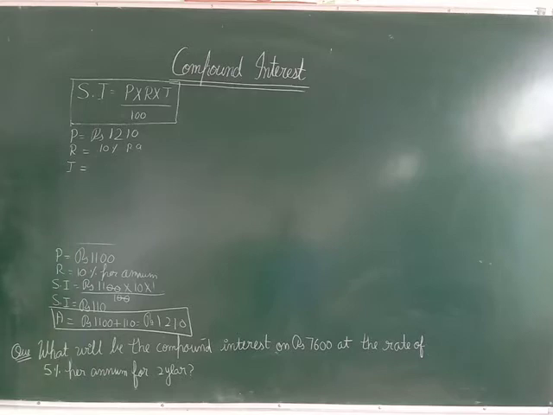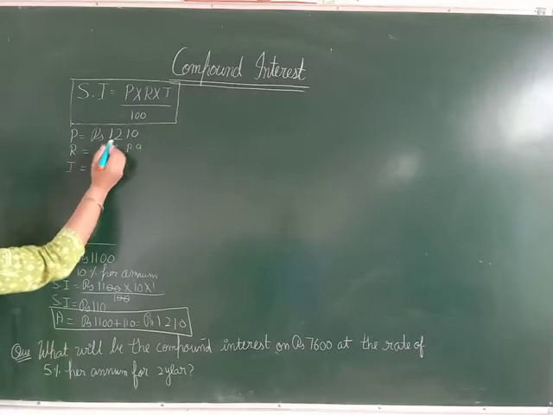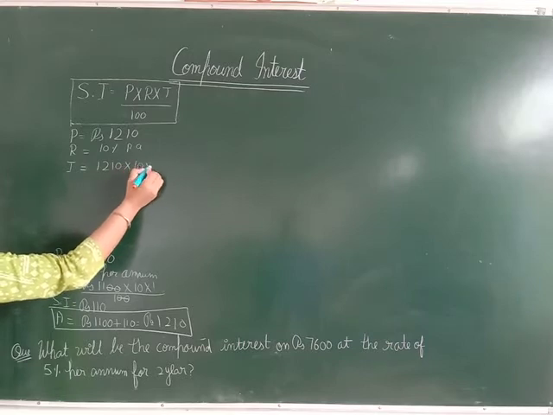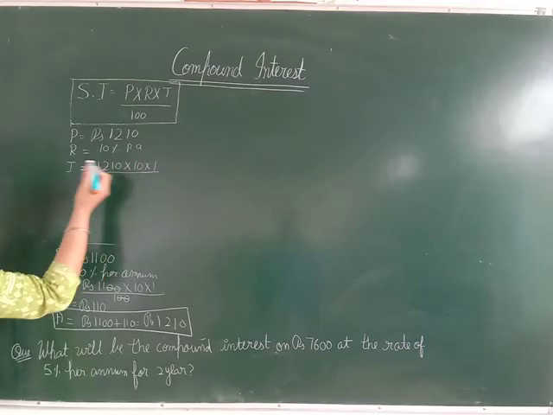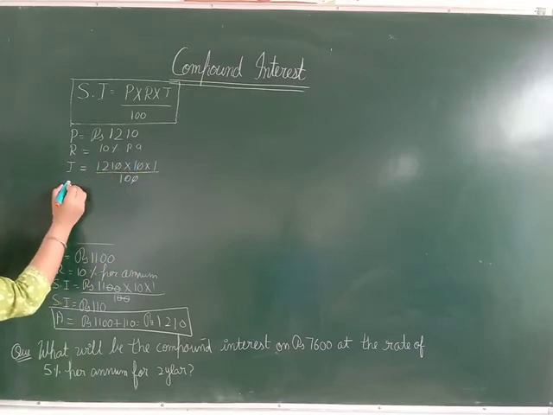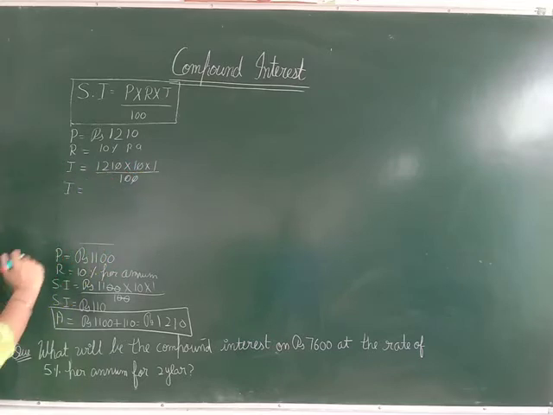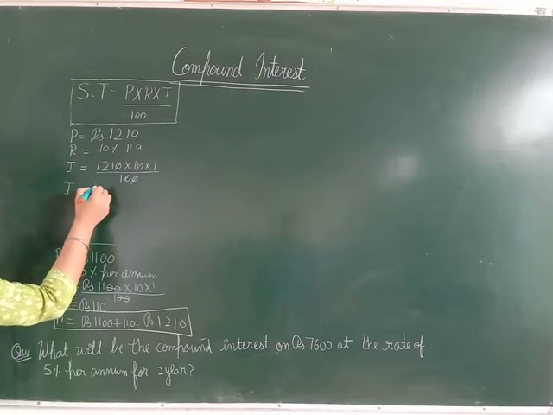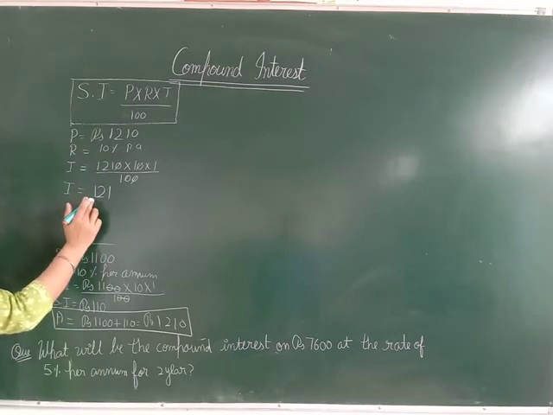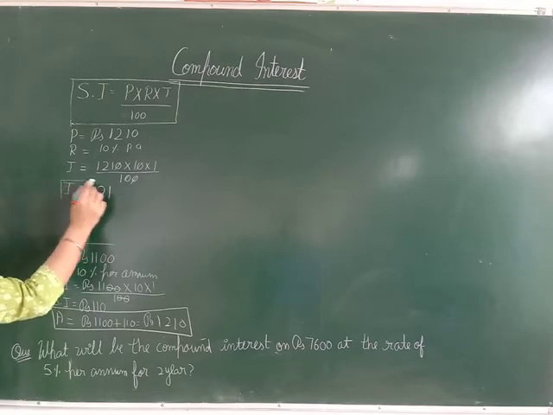So your interest is P, P in this case is 1210, rate is 10%, time is 1, and divided by 100. So cancel it. So your interest becomes 121. So this interest you have to pay.